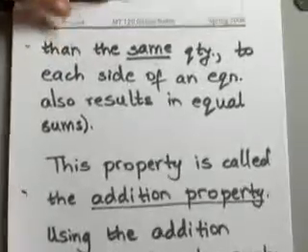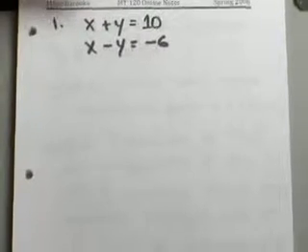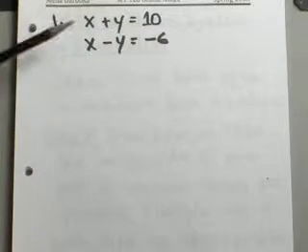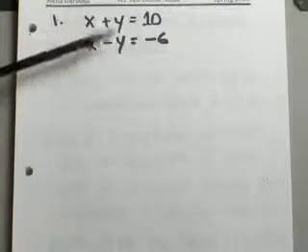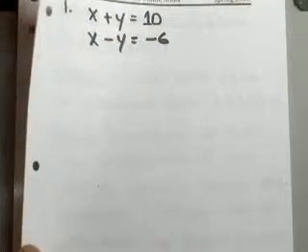So let's look at an example of how the elimination method works. We have these two equations in our system, x plus y equals 10 and x minus y equals 6.